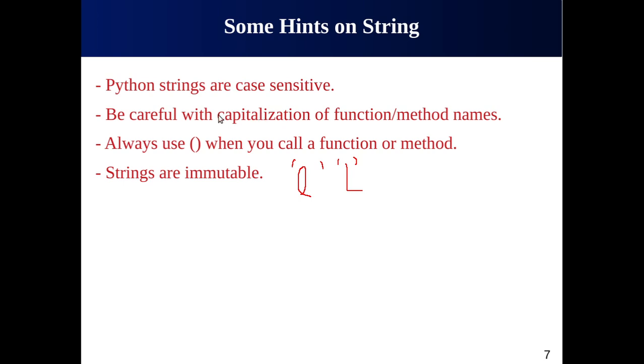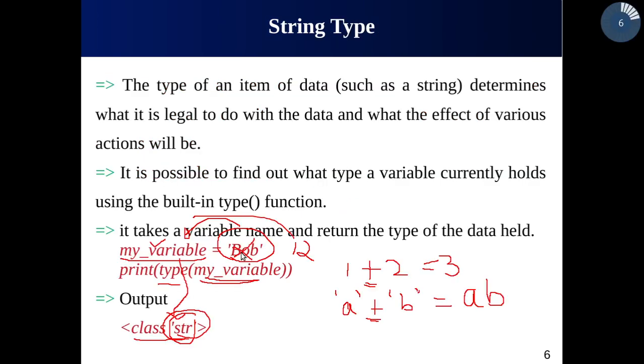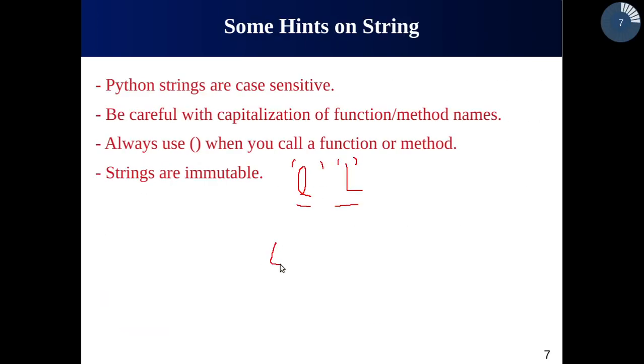Second, a Python hint related to strings is that you need to be careful with the capitalization of function and method names. Again, case sensitivity is there. For example, in this case the name of the built-in function was type with all small letters. If you write it differently like this, then that is not doable. You must be careful with case sensitivity as well as with the function's name.